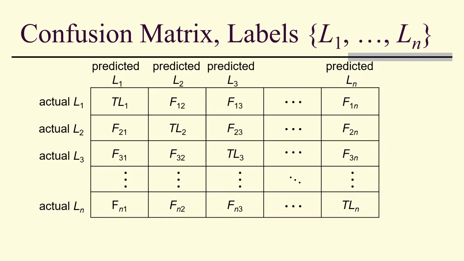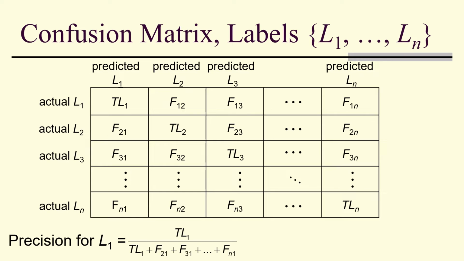So a multi-class confusion matrix is where we have predictions of labels L1 to Ln across the top, actual labels down the side, and then we have true labels and false. We can define a concept of precision for label 1. It's the true label 1 over the true label 1 plus F21, F31 up to Fn1.